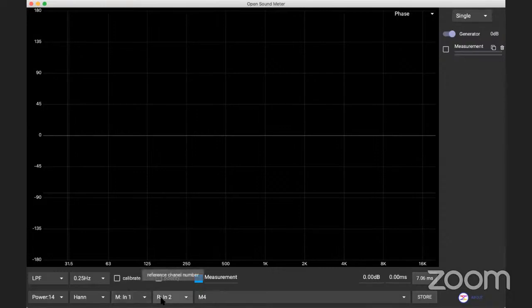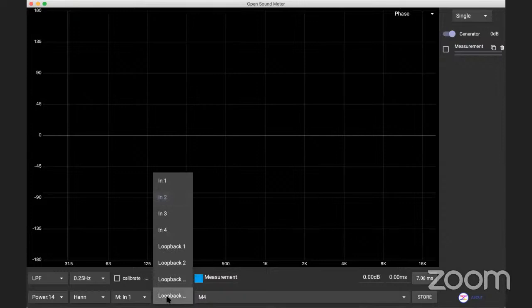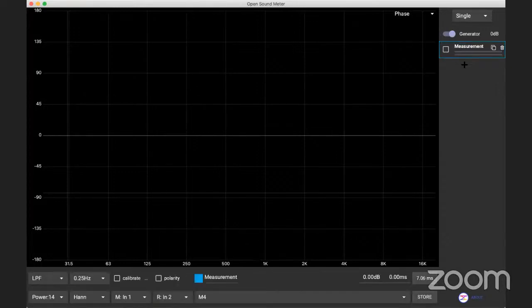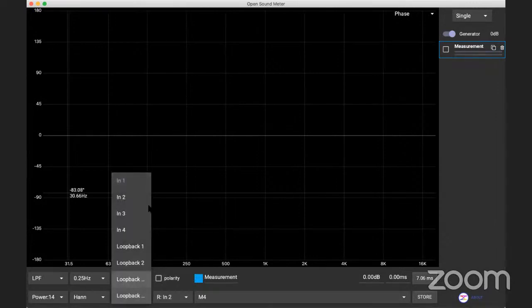R is the reference input. If you remember what I told you earlier, my reference input is input number 2, correct? And my measured input, the input that I want to measure, is input number 1. Did you understand? So that's how the connections are.